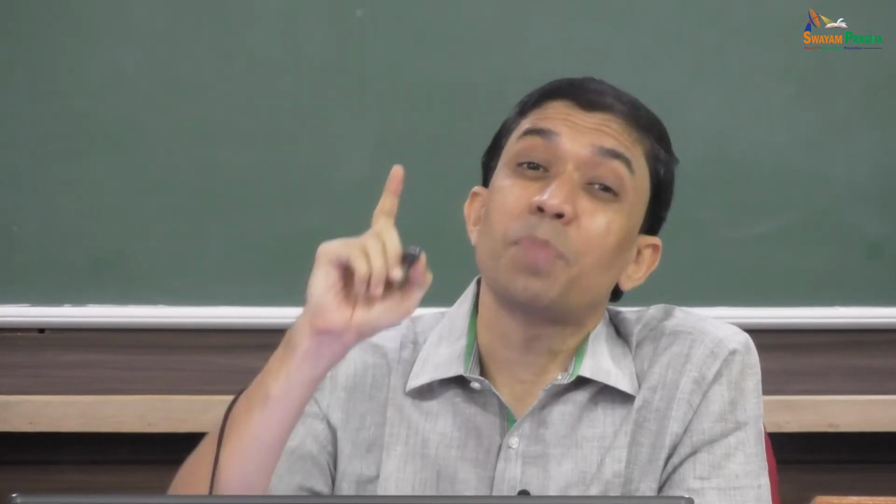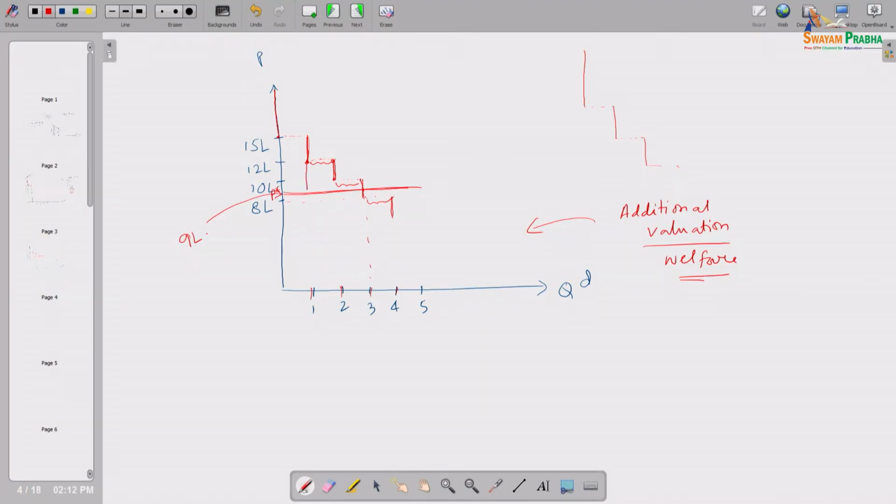So essentially, the first person, the person with the highest maximum willingness to pay, is generating this area of social welfare, his own individual welfare. Of course, he is a part of social welfare in this society.